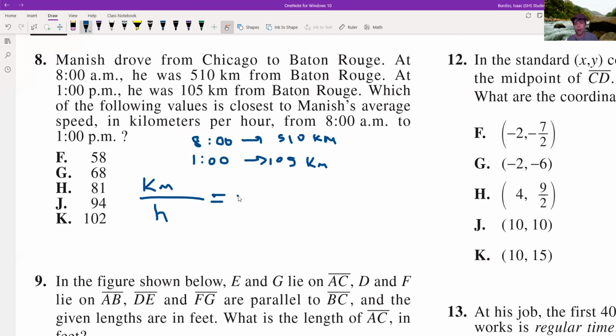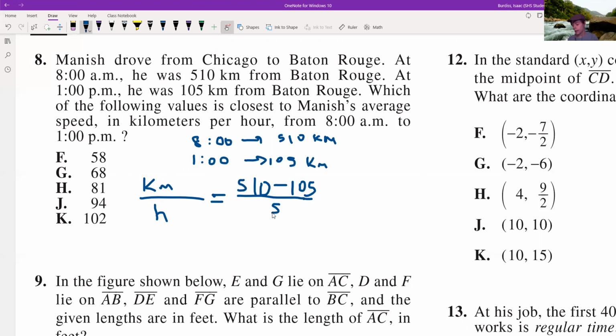We want to know how many kilometers he went. To find that, you subtract 105 from 510. And then the hours: how many hours did it take him? From 8 to 1: 9, 10, 11, 12, 1, that's 5 hours.